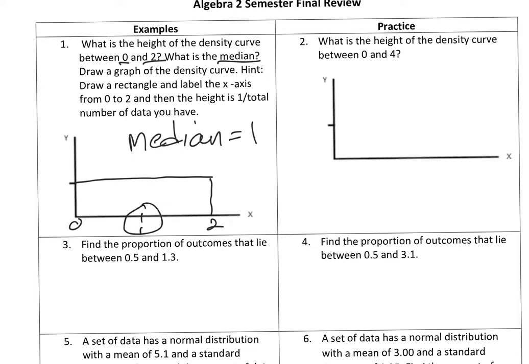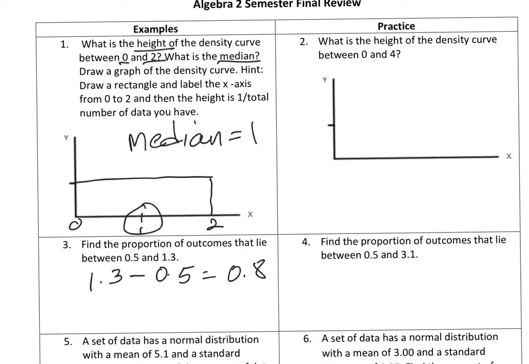Okay. And now it says find the proportion of outcomes that lie between 0.5 and 1.3. So what that means is I'm going to take 1.3 minus 0.5 and I get 0.8. Then I have to multiply it by my height.